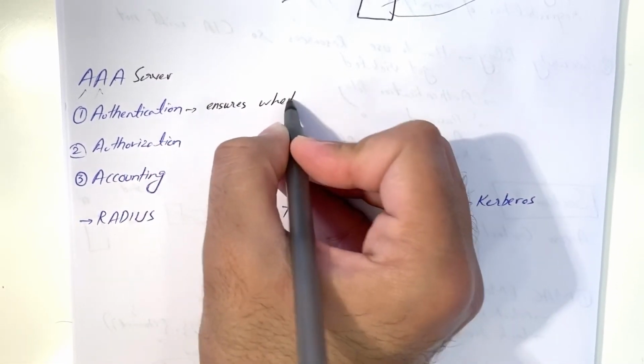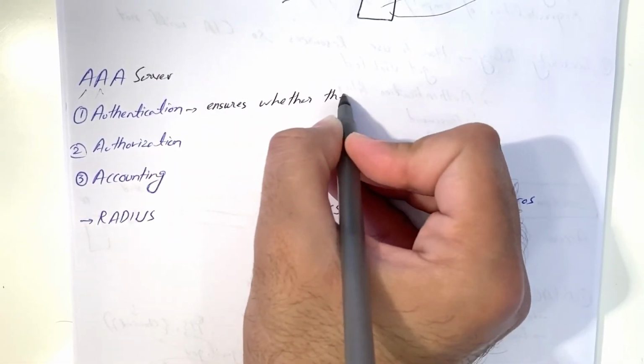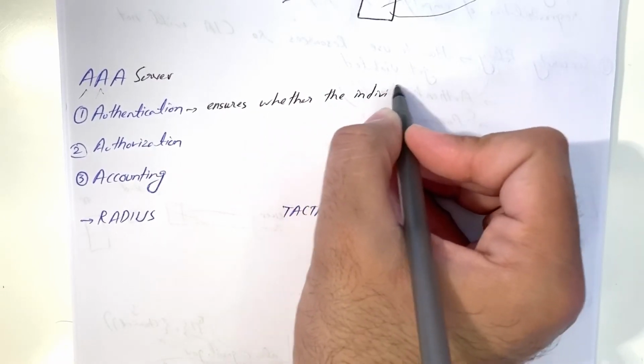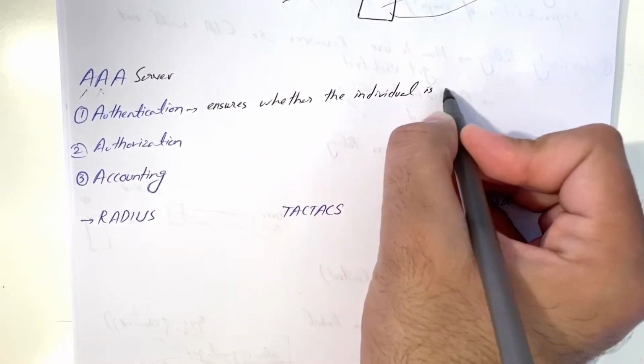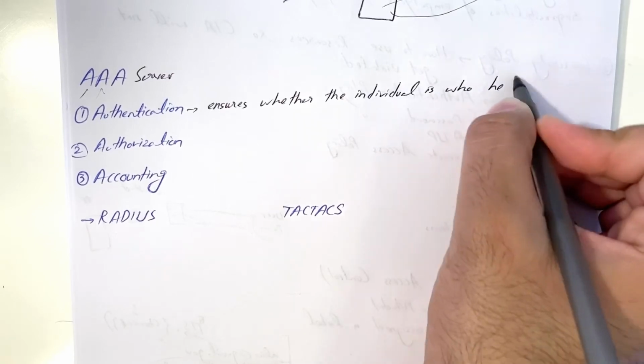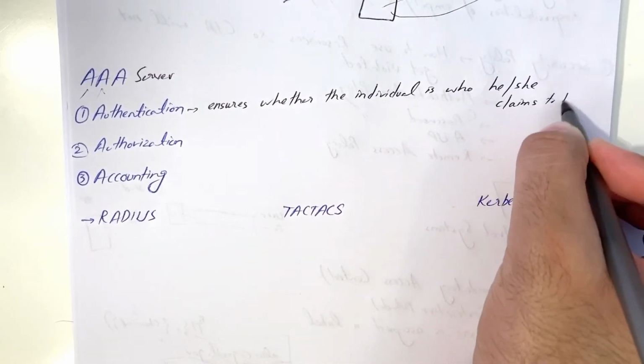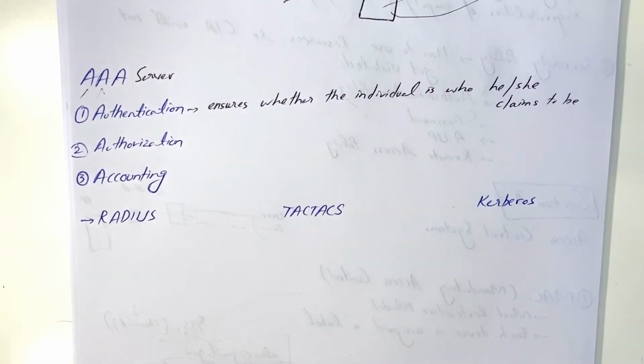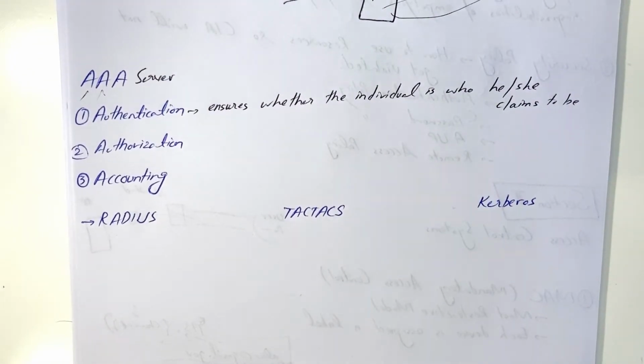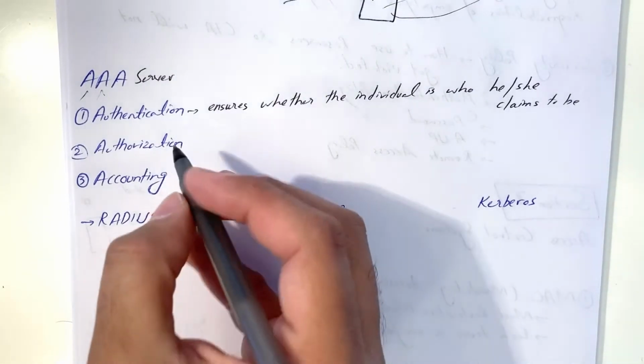Typically we use username and password for authentication, but we can also use multi-factor authentication with different factors, like sending a PIN code on the cell phone, stuff like that.